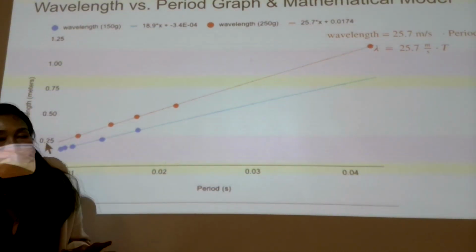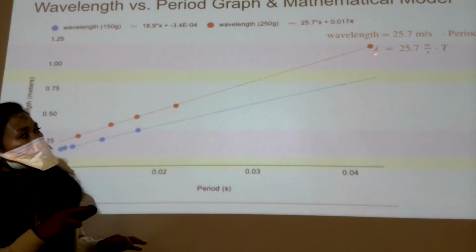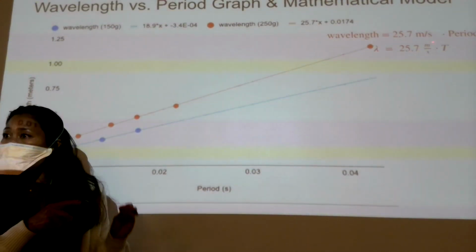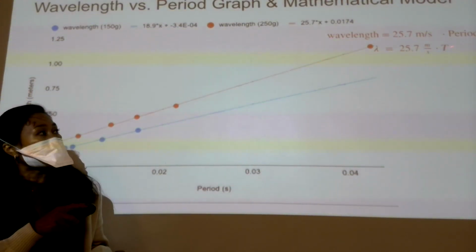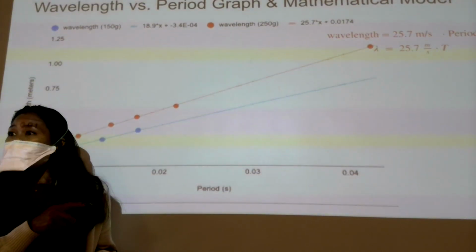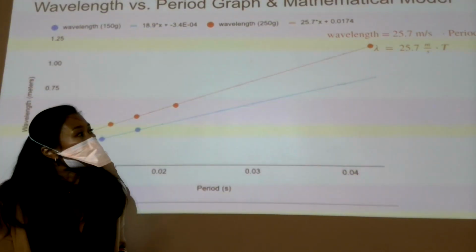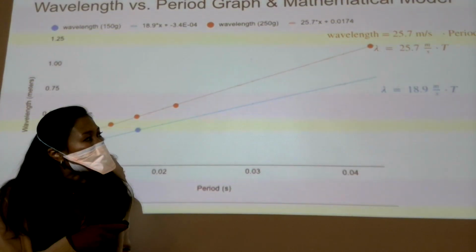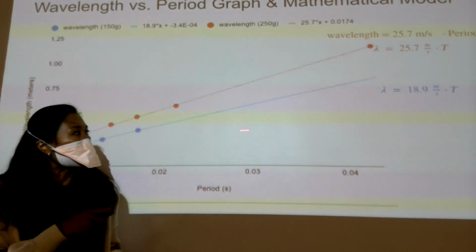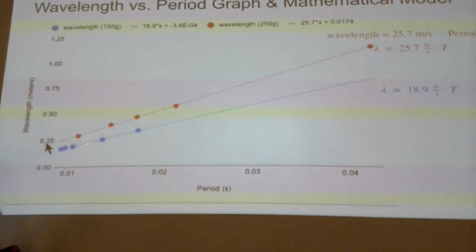Now, I use my abbreviations here. Lambda, make sure you memorize, lambda represents wavelength, capital T represents time, and then this is the equation I got for my smaller wave, meaning less tension. So I've got more tension, less tension.